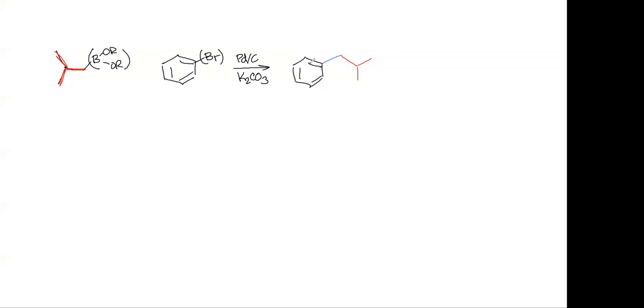So the blue bond is the one that's being formed. So what I'm doing is I'm coupling the benzene ring with the alkyl group. So wherever the boron was and wherever the bromine is, I'm going to couple those two groups together.